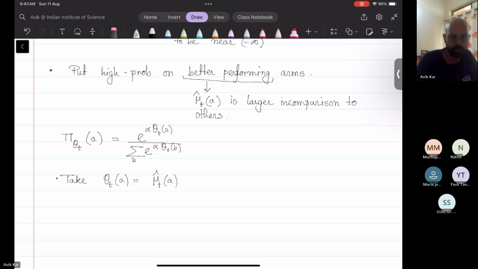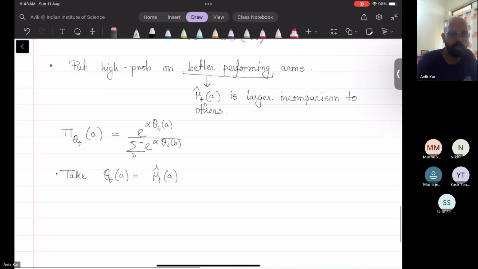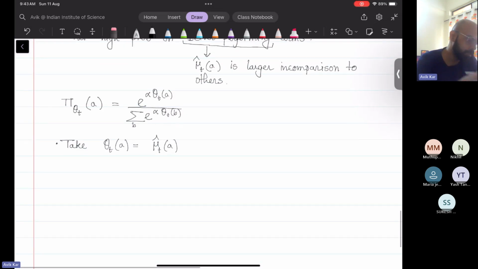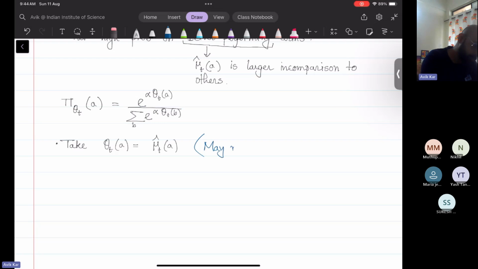I'm saying just one possibility: if an arm is performing better, you put more weightage on that arm. But this may not be grounded in theory.